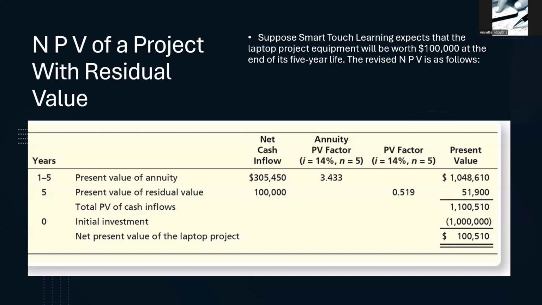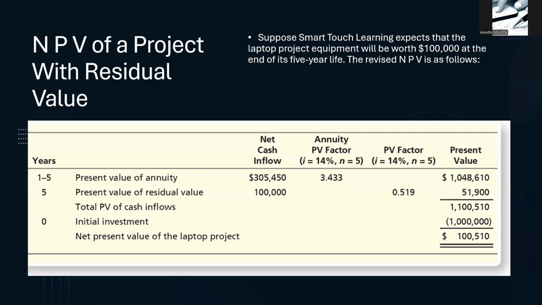For an interest rate of 14% for 5 years. Then you would add that present value of $51,900 to the present value of the laptop project's other net cash inflows that we calculated previously, remember, the $1,048,610.